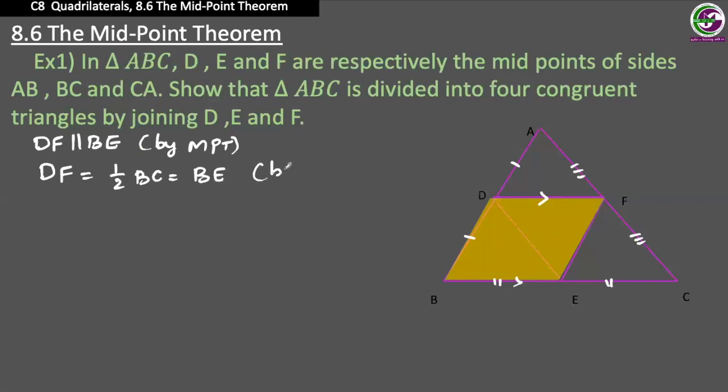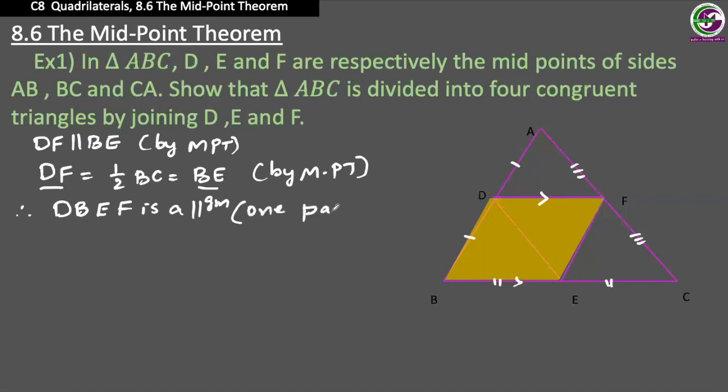So this is also by midpoint theorem. So when DF is equal to BE, therefore DBEF is a parallelogram, because one pair of opposite sides are equal and parallel.